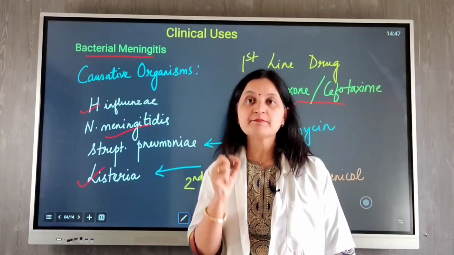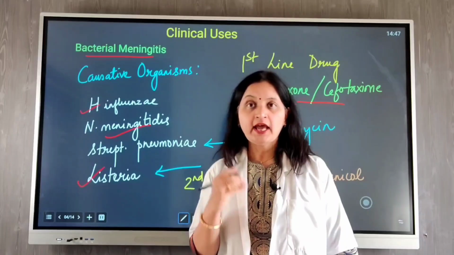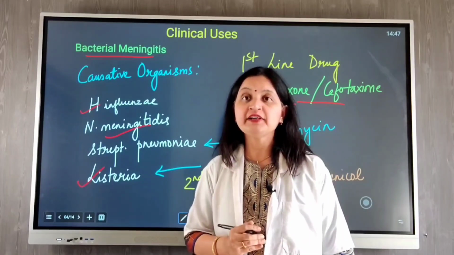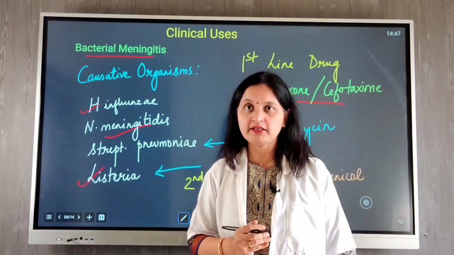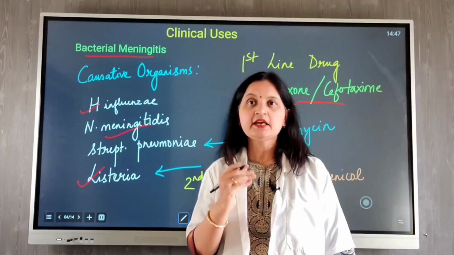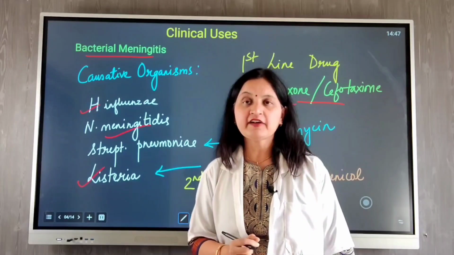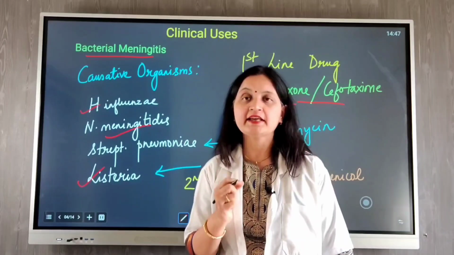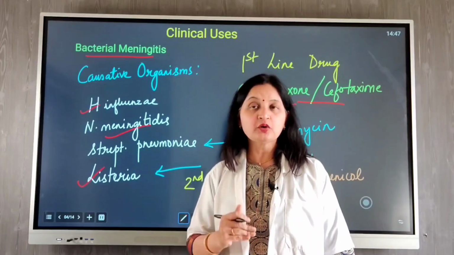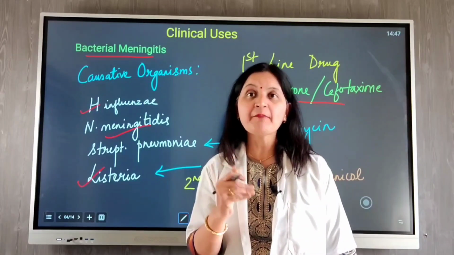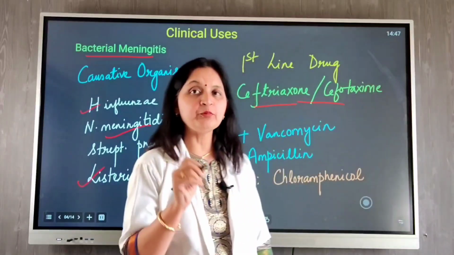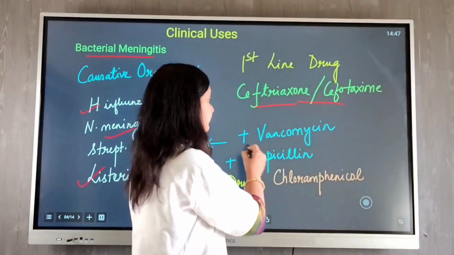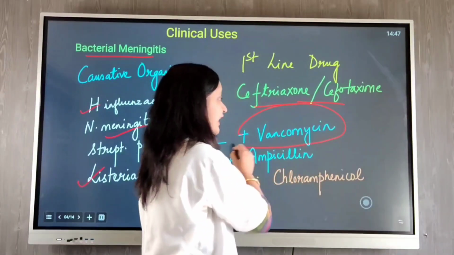Also, it has bactericidal action, and cidal action is crucial for treating severe infections like meningitis. And thirdly, ceftriaxone is highly active against gram-negative organisms, namely H. influenzae and Neisseria meningitidis.